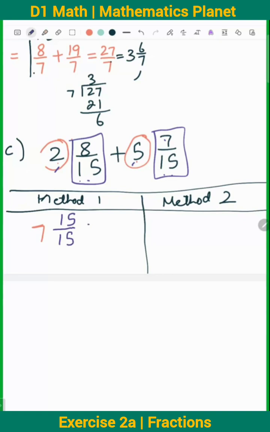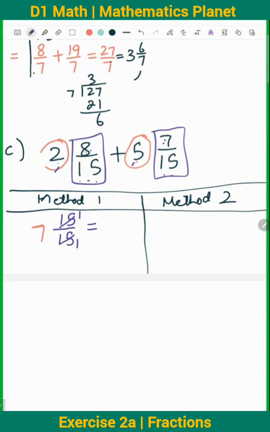8 plus 7 is 15, 15 by 15. 15 times 1 is 15, 15 times 1 is 15. Okay? We can also simplify it later on. Okay, let me tell you method 2.